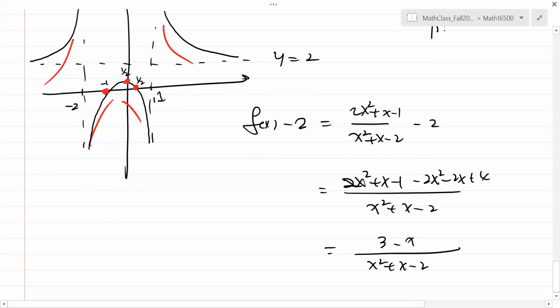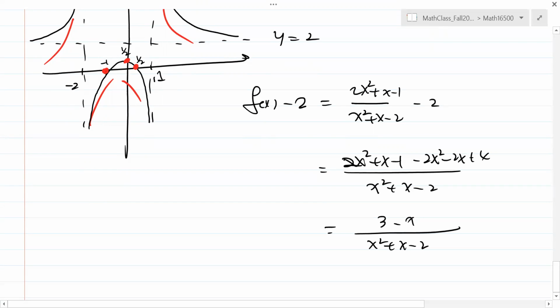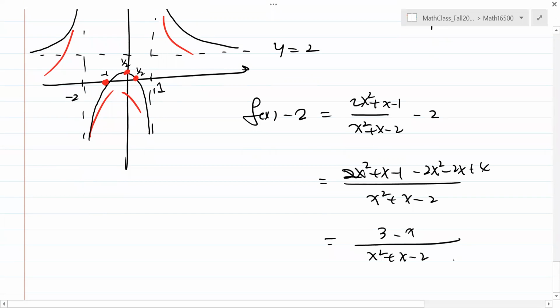It's determined by the sign of the denominator. So this is x plus 2, x minus 1. Can we determine the sign if x is greater than 1 or x is less than negative 2? Because I care about those 2 pieces.